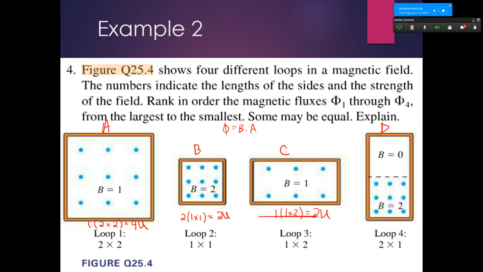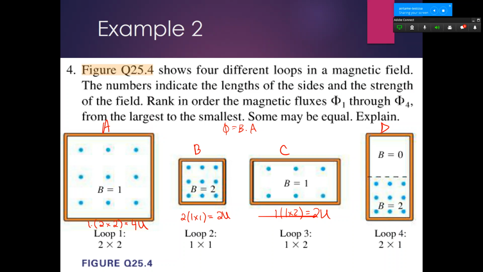Explain to me what's happening in the fourth one. Even though it's not over the whole area, you still have the same magnetic field. Okay, so which area do I use? Do I use the full area of my loop or half the area of my loop?